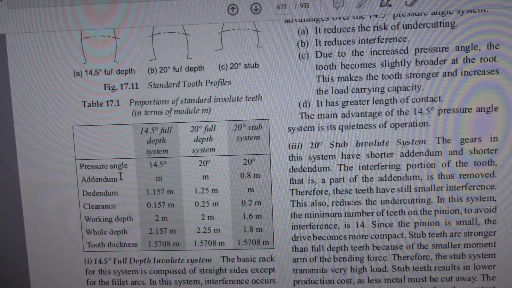When the pressure angle changes, then the addendum of the corresponding gear changes. So this is m, this one 1.157 m, this one the dedendum 1.25 m, this one is m. Working depth and whole depth I already discussed.